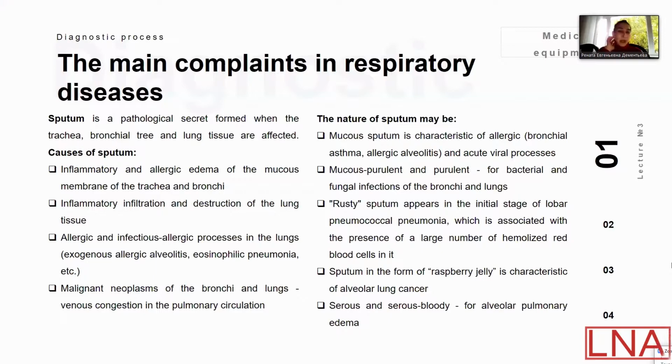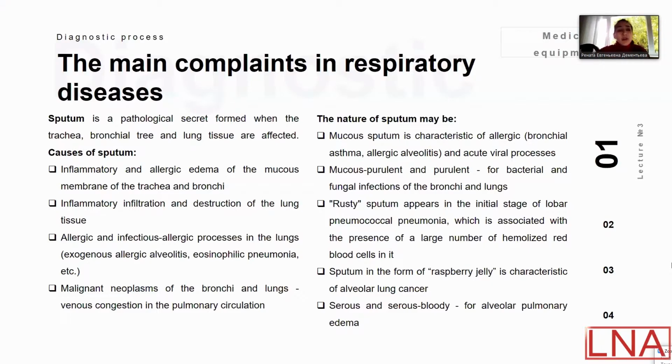Next, the main complaint of patients with respiratory disease is sputum. Sputum comes from the productive type of coughing. Sputum is a pathological secret which is formed when the trachea, bronchial tree, and lung tissue are affected by an inflammation process. It does not matter whether it is an immune type of inflammation, or a bacterial or viral type of inflammation. In all these cases, the secret inside the trachea and bronchi we call sputum.